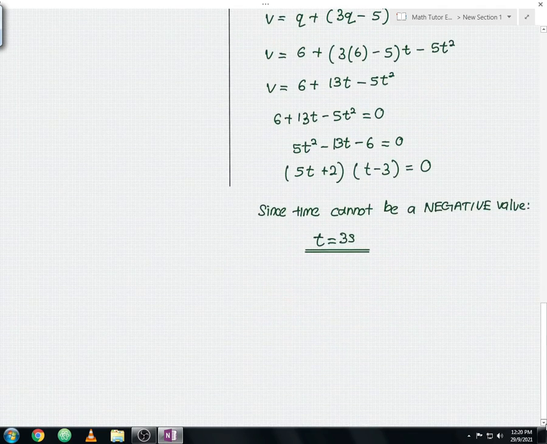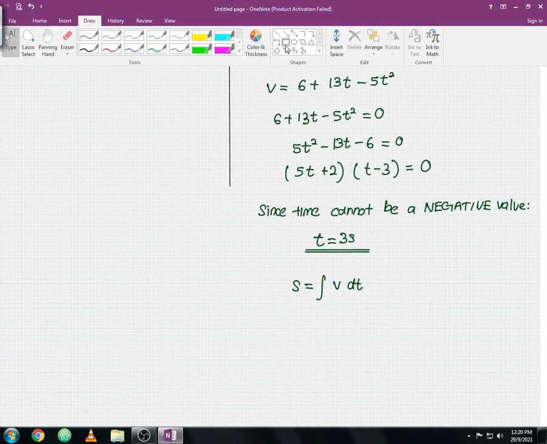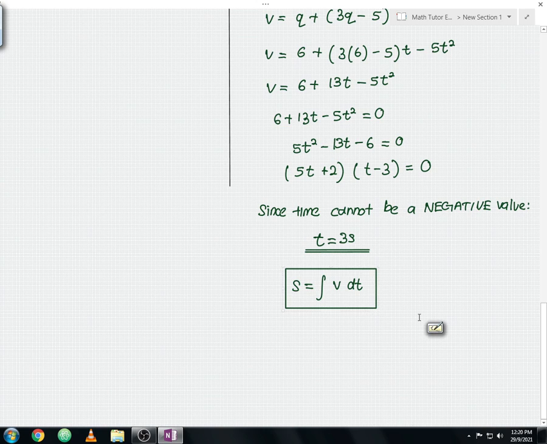Okay, so from here displacement is equal to the integration of velocity with respect to time. So let me box this. Okay, so from here displacement will be equal to the integral of (6 plus 13 t minus 5 t squared) with respect to dt.